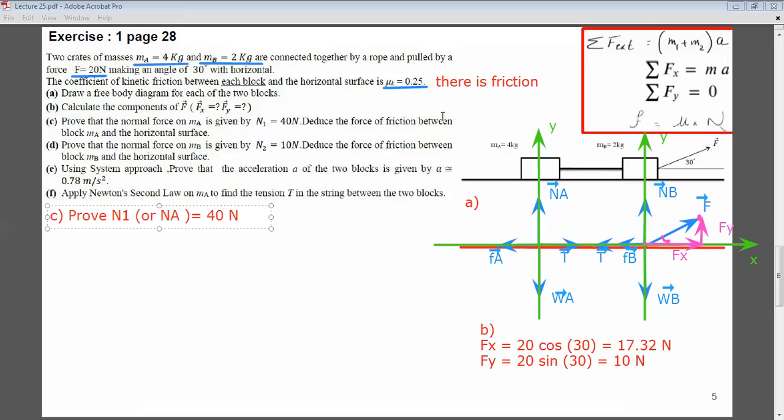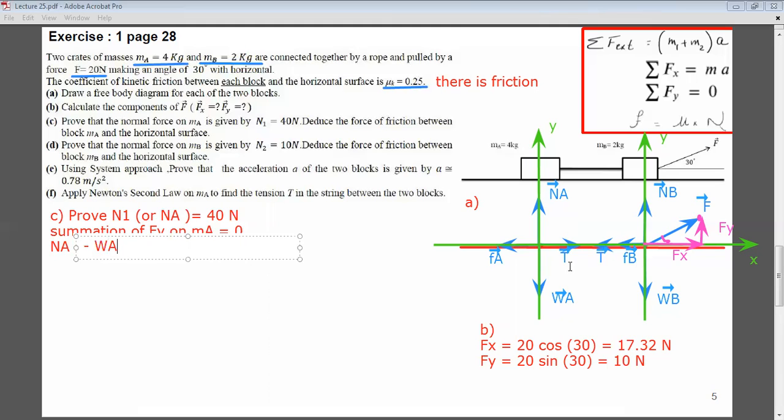Here you have to remember, whenever they ask you for the normal force, we apply summation of Fy on mass A equal to 0. Now, what are the forces on the y-axis? There is NA, all of it, because it's all on the y-axis. Friction is on the x-axis, so 0. WA is also on the y-axis, but in the opposite direction, so minus WA.